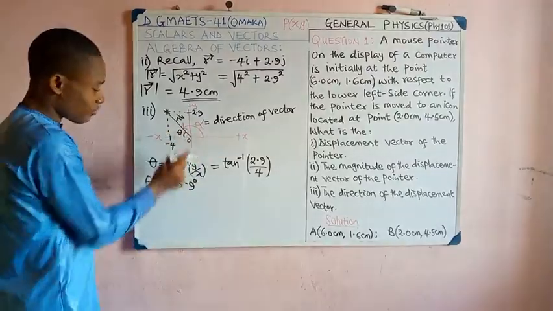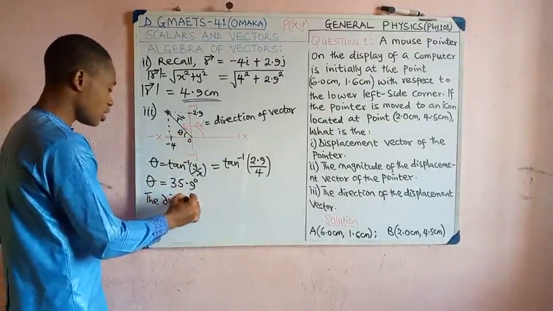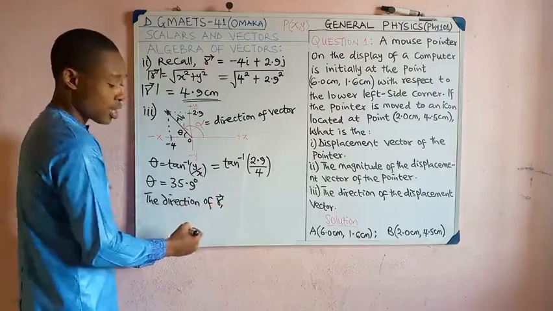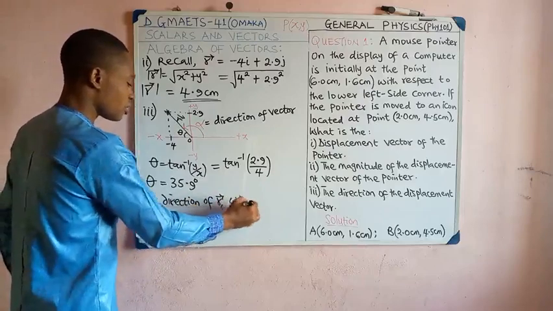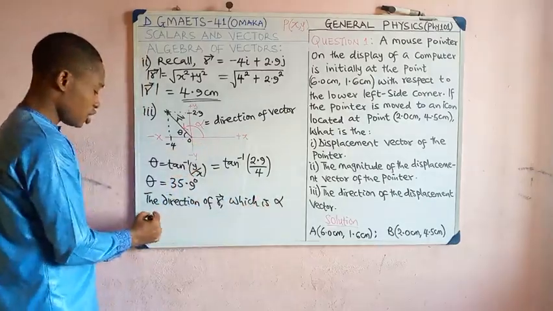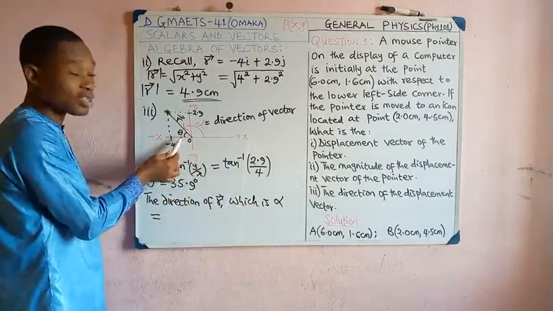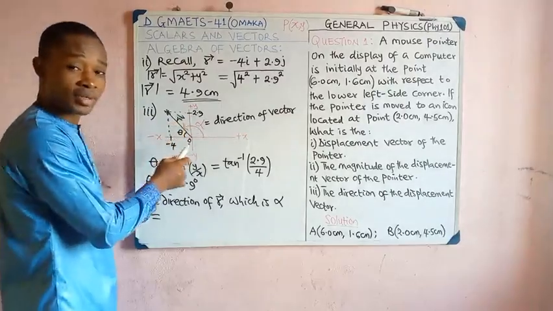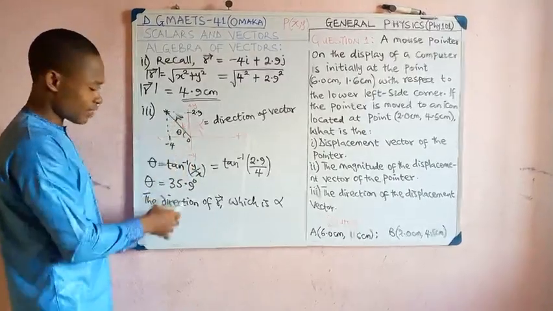So to get this alpha now, the direction of the displacement vector, as I showed you from the sketch, is now equal to, take note, from positive x-axis to negative x-axis is 180 degrees. 180 degrees is a semicircle. Is that okay? Now out of it you know theta, which is 35.9 degrees.